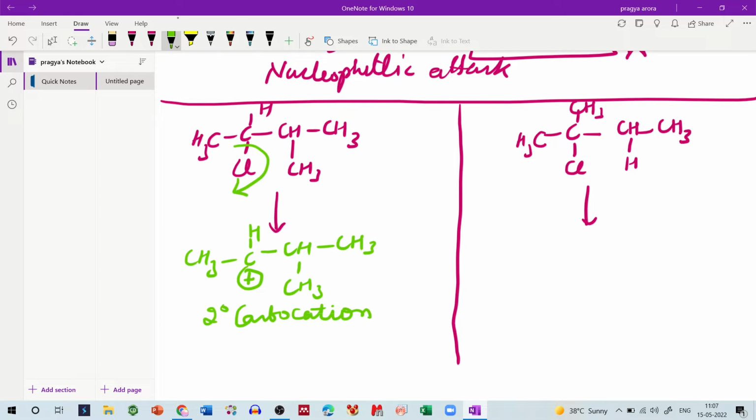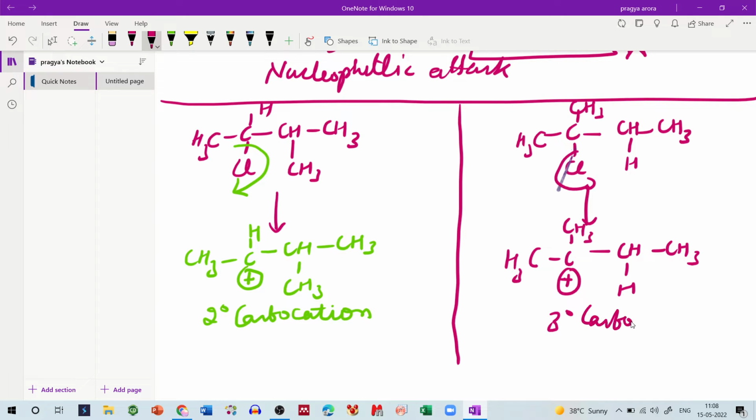While in the other example, which is this one, if this leaving group is released, you will have this carbocation with CH3, CH3, positive charge, CH, CH3. So this one is a tertiary carbocation.